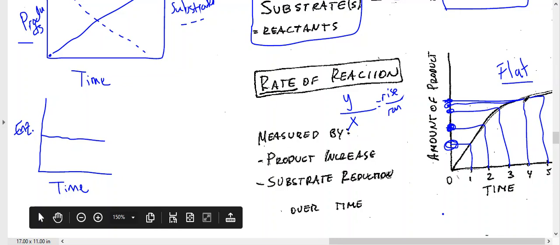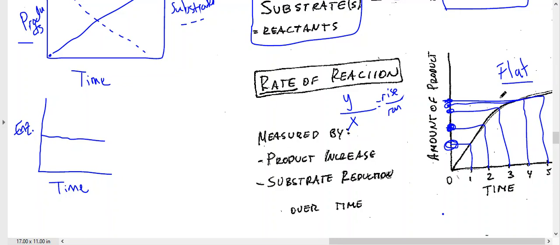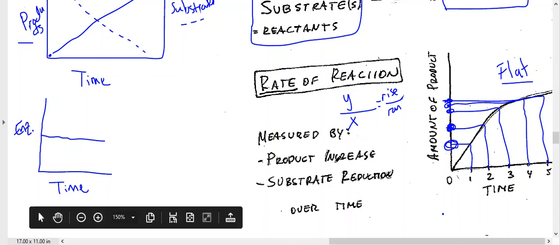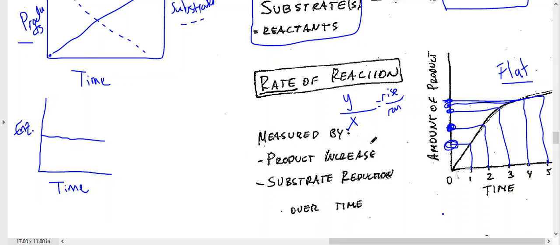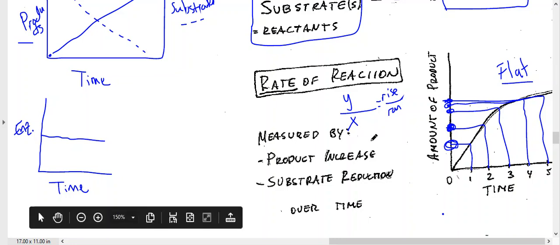Not because the enzymes are broken or anything like that, but simply because you're using up more and more of your substrates, and because there are less substrates bouncing around in that solution, be it the cytoplasm or a test tube, they're just going to encounter the enzymes less frequently, and you're going to get less product. And for the lab, we are going to focus on the first minute or two for our calculations.